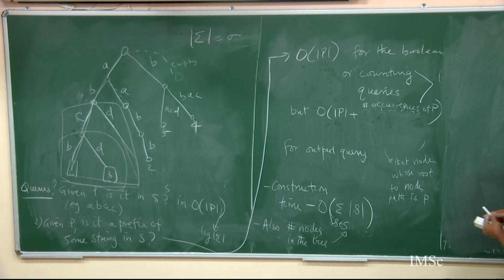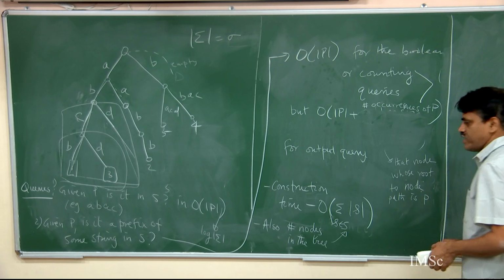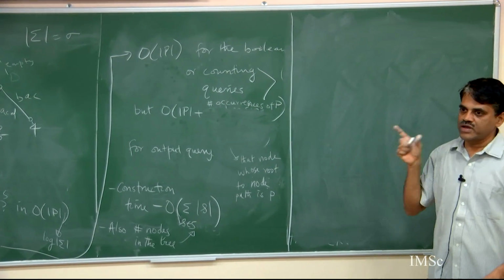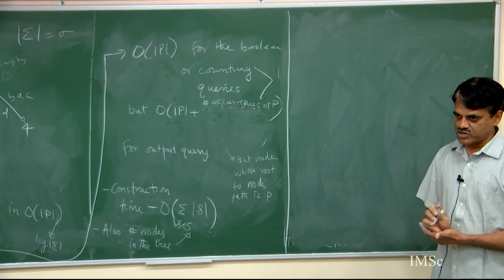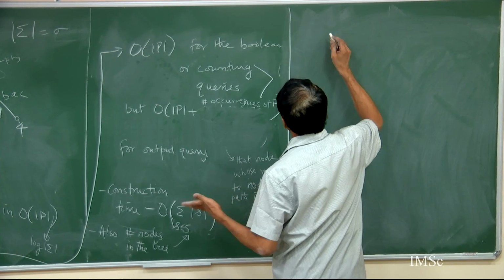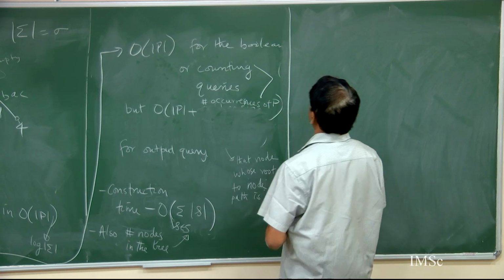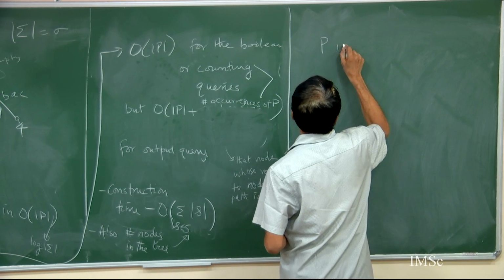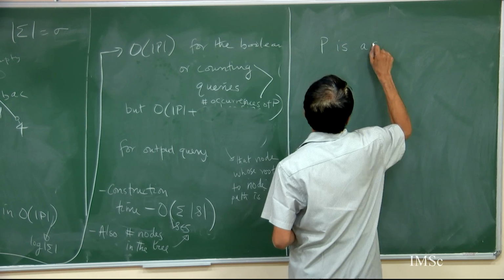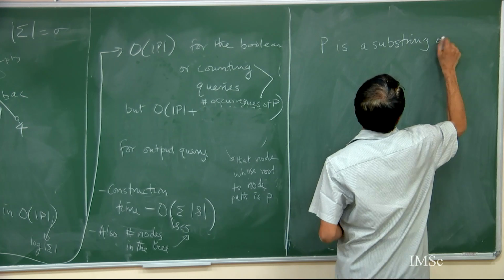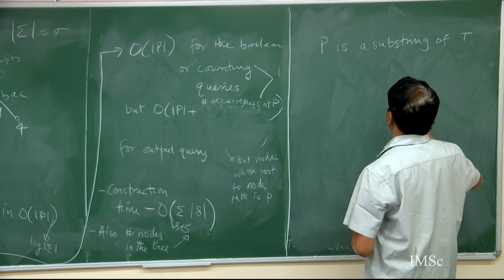Now I am interested in my pattern matching query. One text is given, I want to pre-process it, and query patterns are coming, and I want to know whether a pattern is in the text or not. So, here is a pretty complex observation. P is a substring of T. This is what I am interested in.